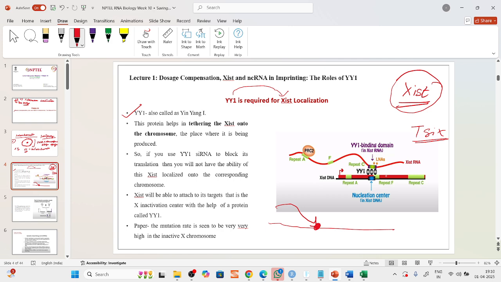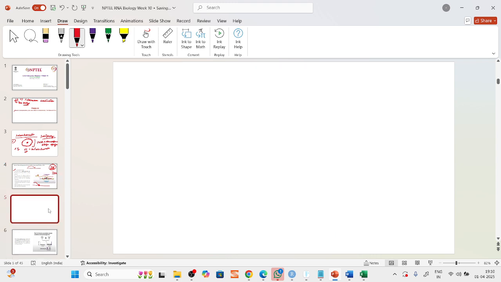So if YY1 is only blocked, then what will happen? Try to understand this. YY1 helps in the localization of Xist.